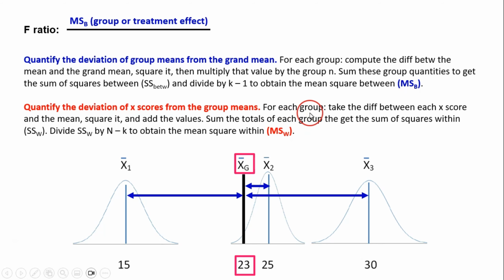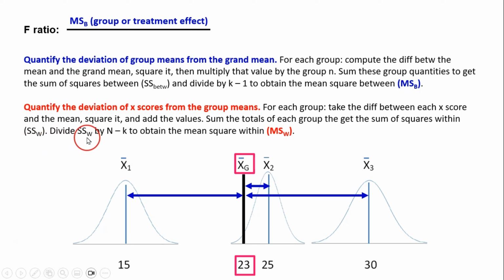For each group, you would take the difference between each X score and the mean, square it, and add those values together. Sum the totals of each group then to get the sum of squares within, which is abbreviated SS within. Sometimes that's going to be SS error too, but we're going to call it SSW, or SS within the group.